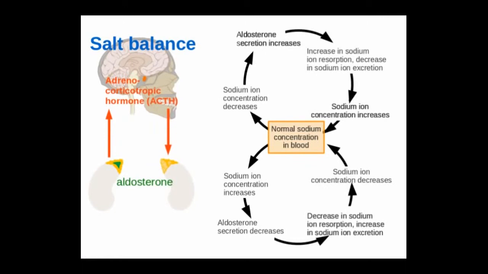And our detector mechanism here and the way in which this happens is through adrenocorticotropic hormone ACTH, and we've seen this already previously. And so here we have another negative feedback loop that is involved in homeostasis.